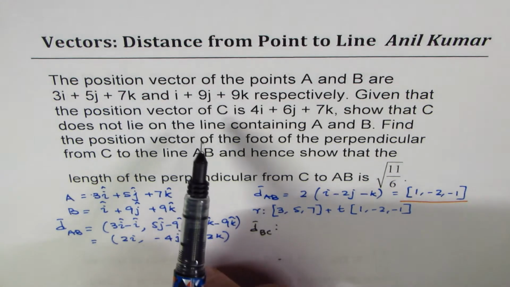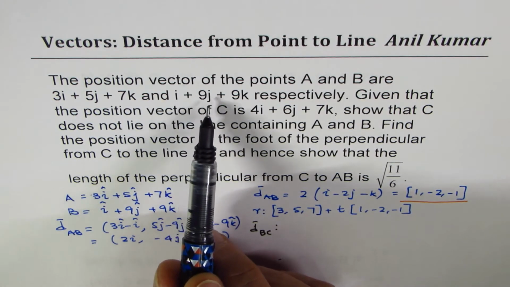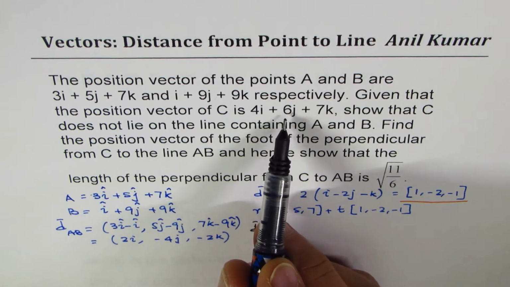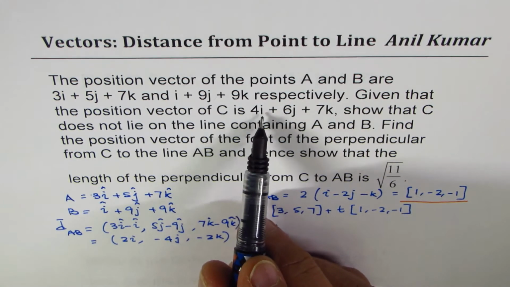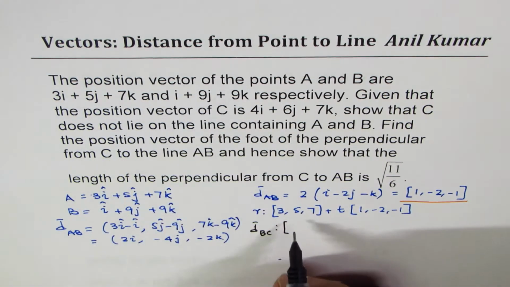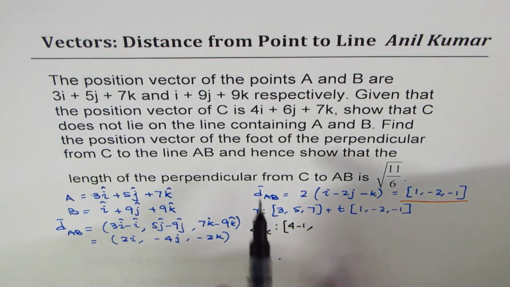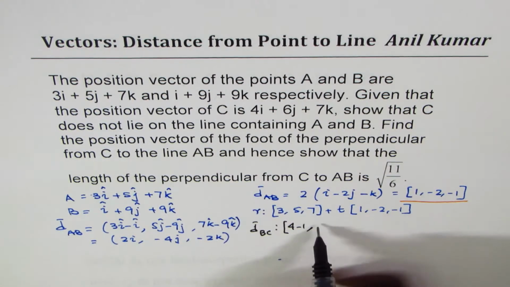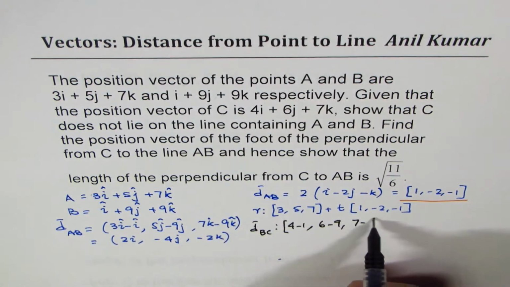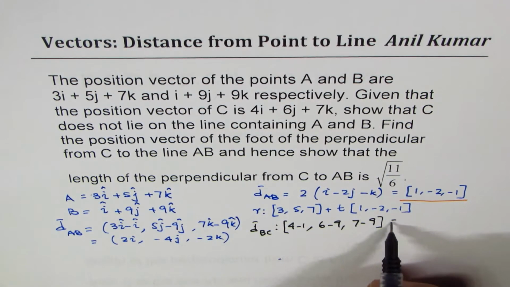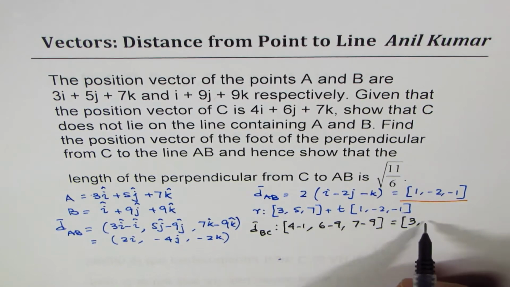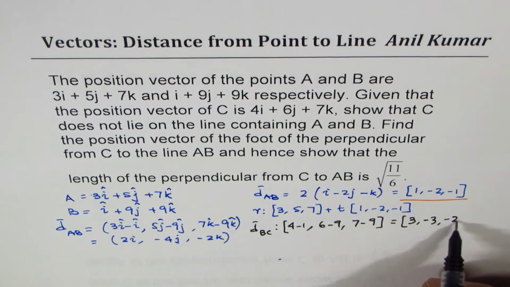Point B is i, 9j, 9k, and C is 4i, 6j, 7k, right? So I'll use the matrix form: 4 minus 1, 6 minus 9, 7 minus 9, and that gives us 3, minus 3 and minus 2.